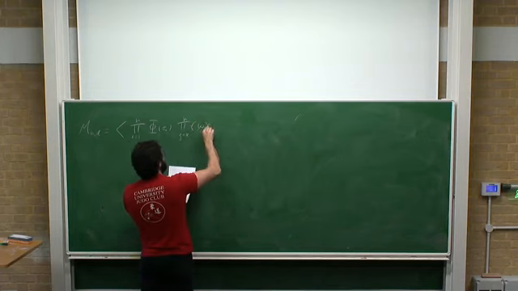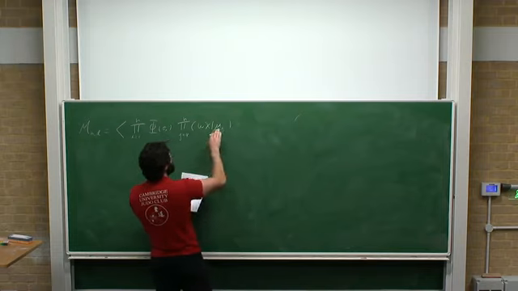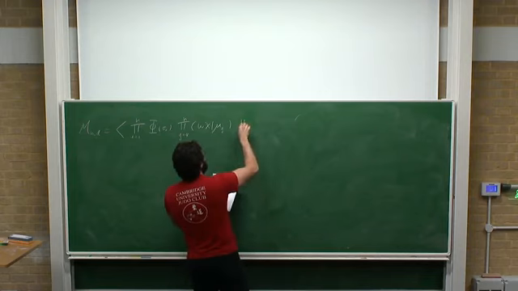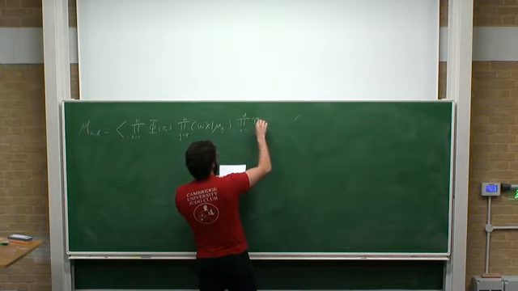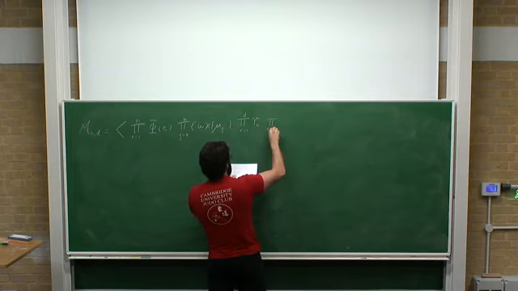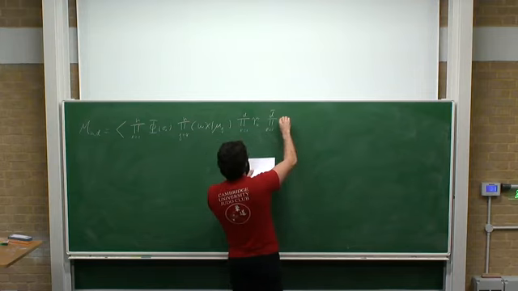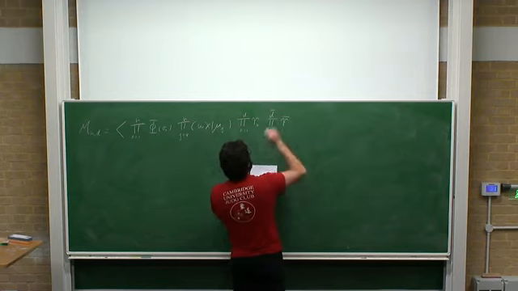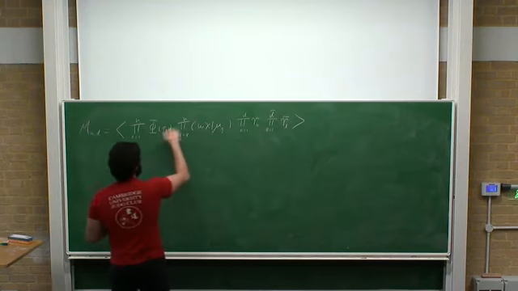It acts as an effective b ghost, which is paired up with some Beltrami differentials. And then I have two sets of picture changing operators, just because I'm engaging the supersymmetry. I seem to have quite a lot of them because they interact with the line bundles. They have values on these line bundles. So the number of zero modes really depends on the degree of the line bundles. But they are not important right now because all the magic happens here.